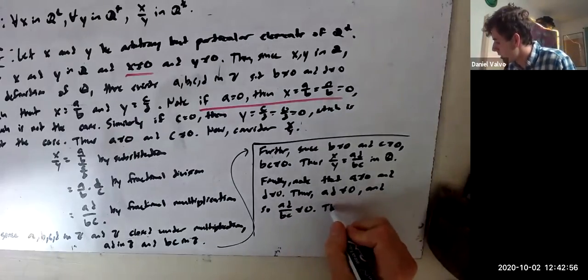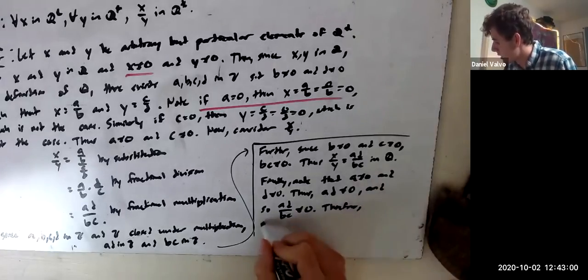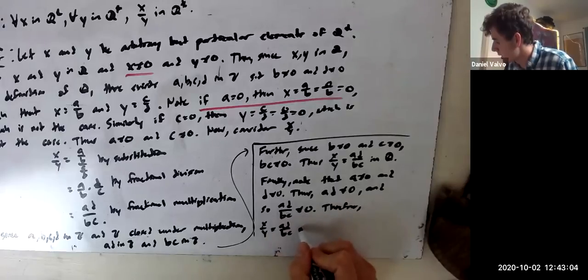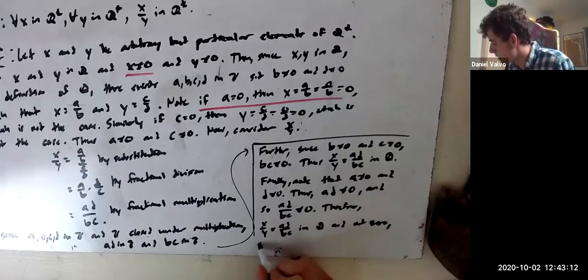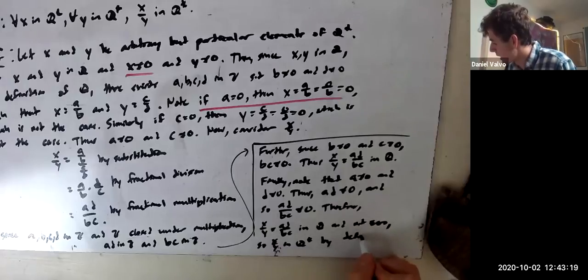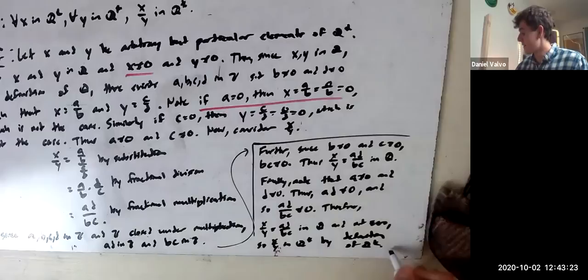Therefore, x over y, which equals AD over BC, is in Q and non-zero. So x over y is in Q star by definition of Q star.